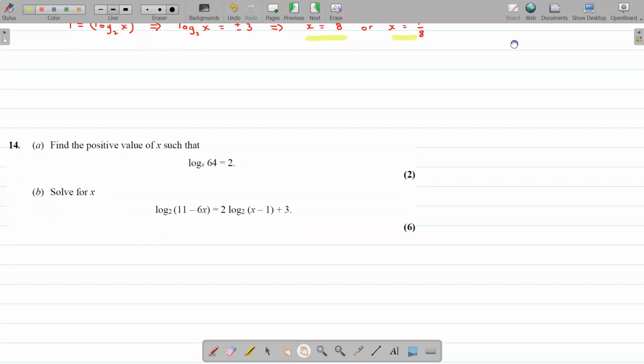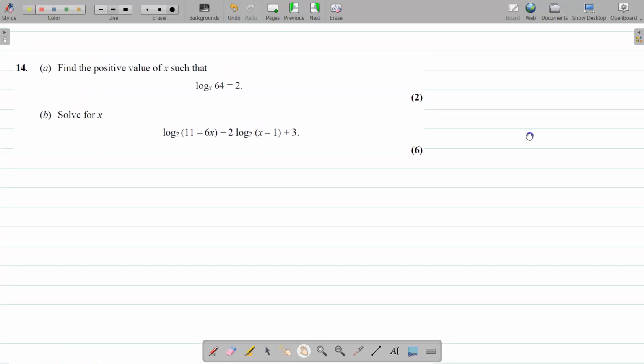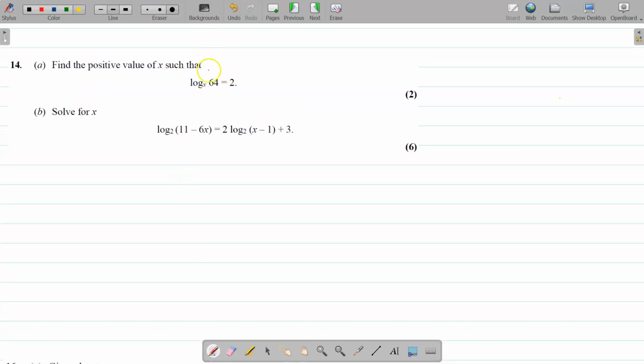Now question 14. So in this question, we start by working out what x is in this part here. Well, we know that 8 to the power of 2 is 64. So therefore 8 must be the value of x, and we're only interested in the positive value.